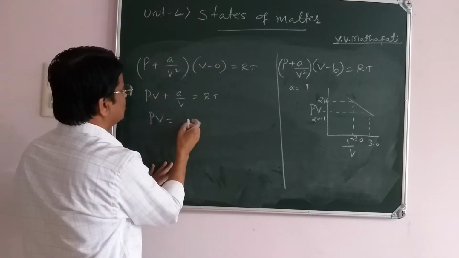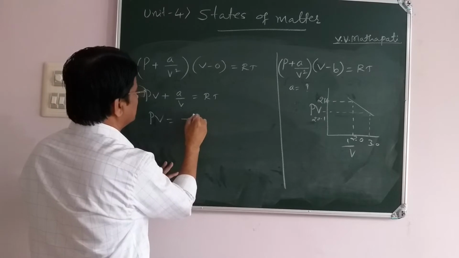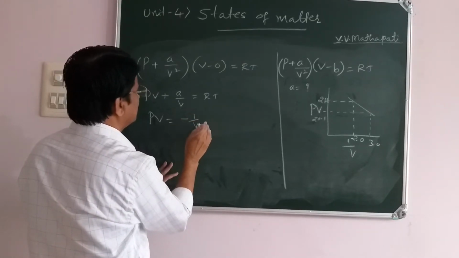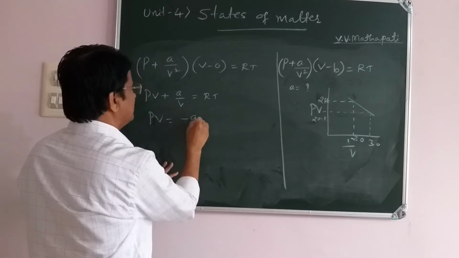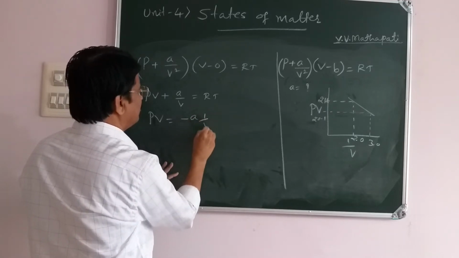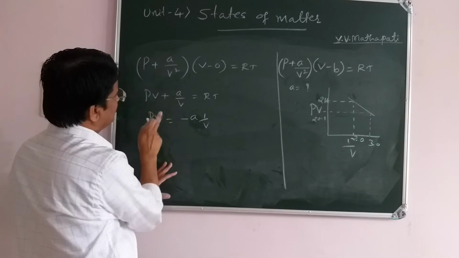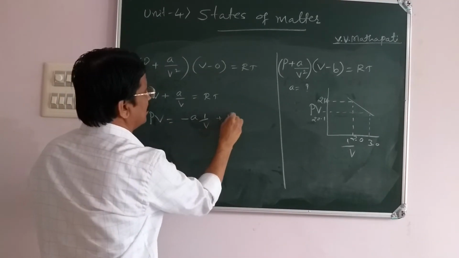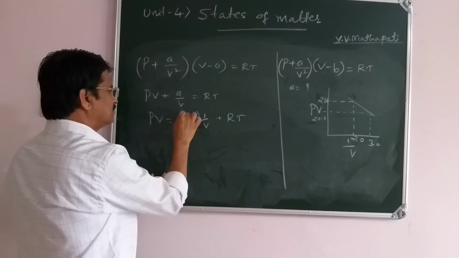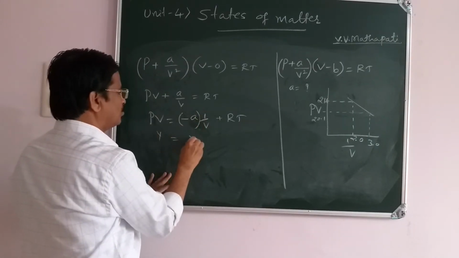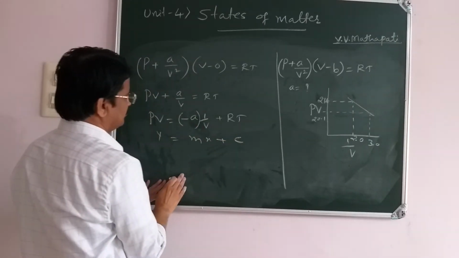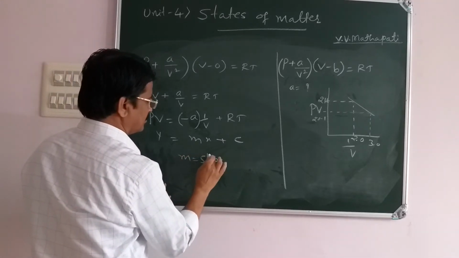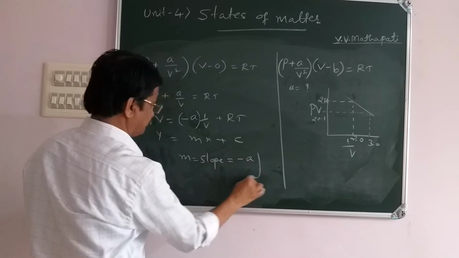So PV equal to minus A times 1 by V plus RT, because plus A by V goes to the other side. This is like y equal to mx plus c. Therefore m is the slope, and slope equal to minus A.